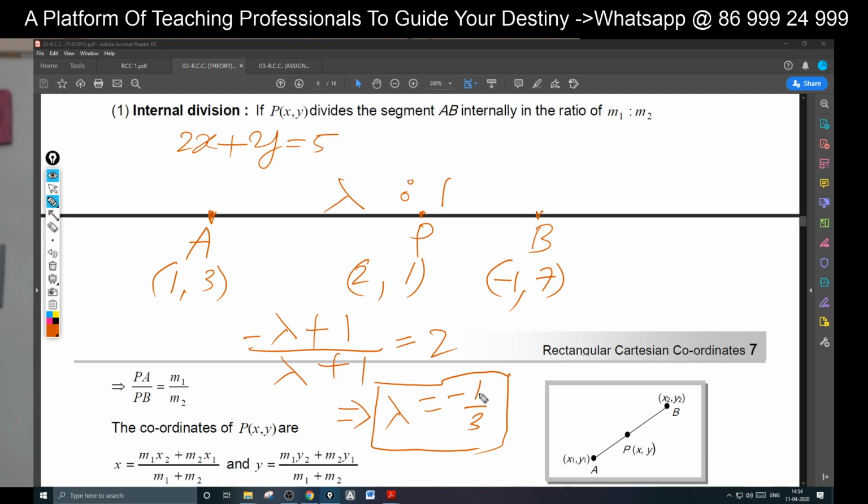It always lies on the lower ratio side, I said, isn't it? So it lies always on the lower ratio side. So P must lie here. Your P lies here. So that P is nothing but 2, 1. And what about this then?